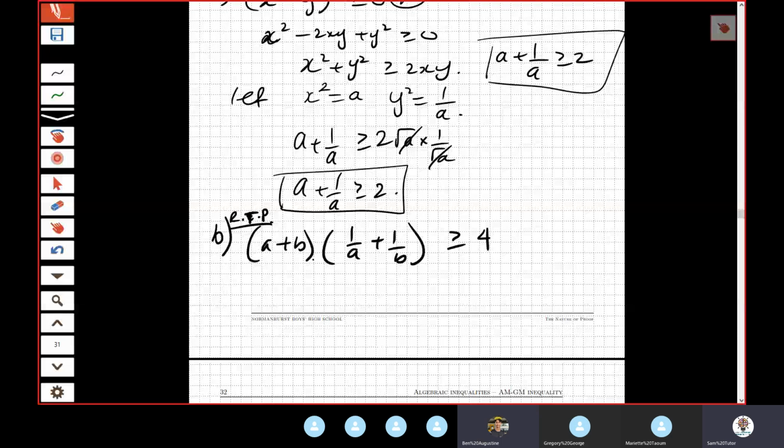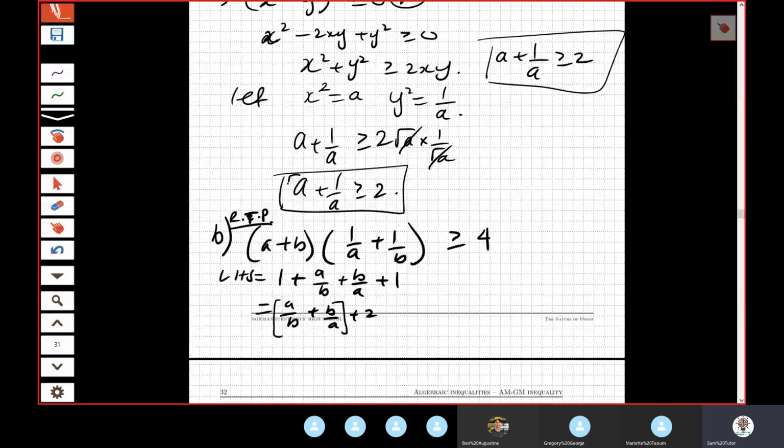So I know the left-hand side is a times 1/a, which is 1. This is a/b. This is b/a. And this is also 1. So now I've got a/b + b/a + 2. But I kind of see what's happening here.